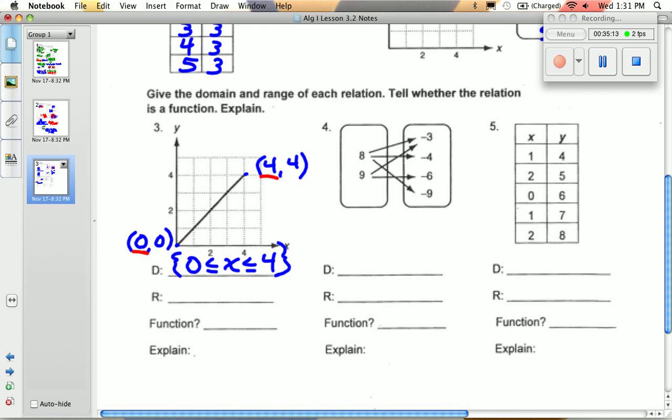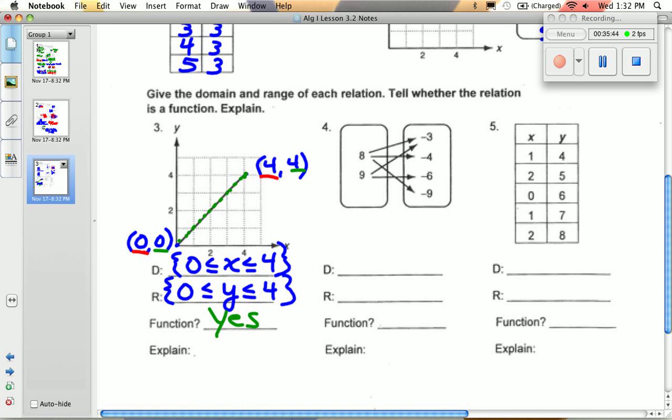And what's our range? Less than or equal to y, which is less than or equal to 4. Good job. And again, this time, smallest y value to largest y value. Is this a function? Yes. Because there's a whole bunch of points on here, but does the x value ever get repeated?